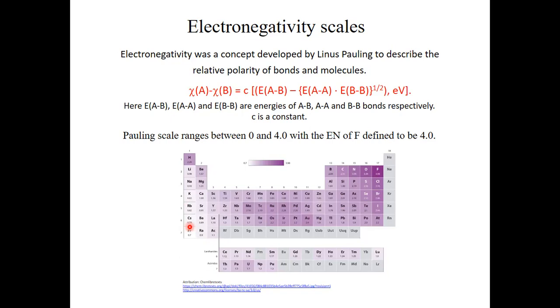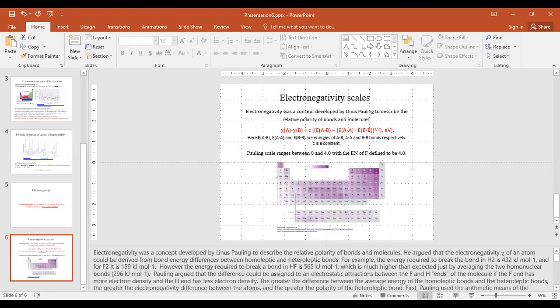So therefore, scientists after Pauling have tried to devise other electronegativity scales that would take other periodic properties and the quantum mechanical model of the atom into account and make the electronegativity scales less empirical and put them on a more theoretical basis. And there are a few of them that I would like to discuss.